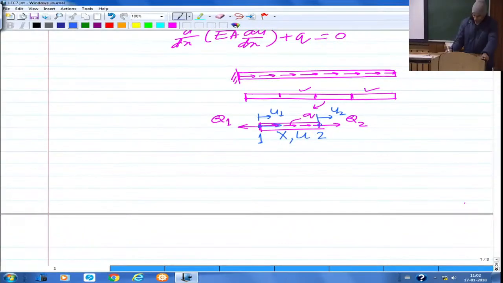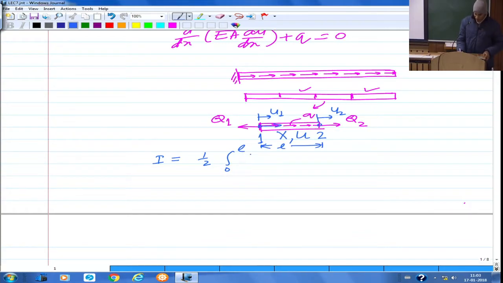So this is what we did, and then I said that the corresponding integral functional for this element was an integration over the element. So we had half of integration 0 to small l, where small l is the length of the element.